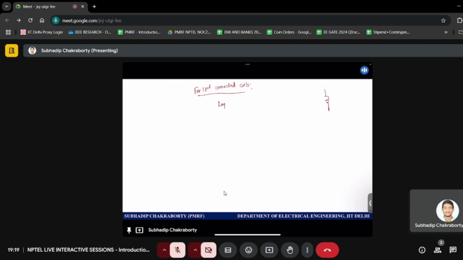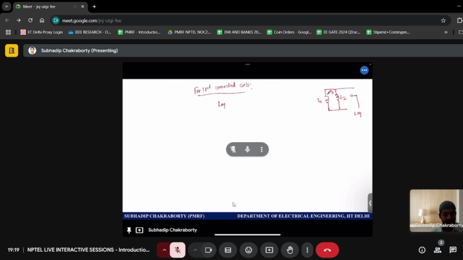So what I mean is that if two coils are like this and I want to find out the equivalent inductance, right? So what will it be? It will be L1 L2 minus M square divided by L1 plus L2 plus minus plus 2M.